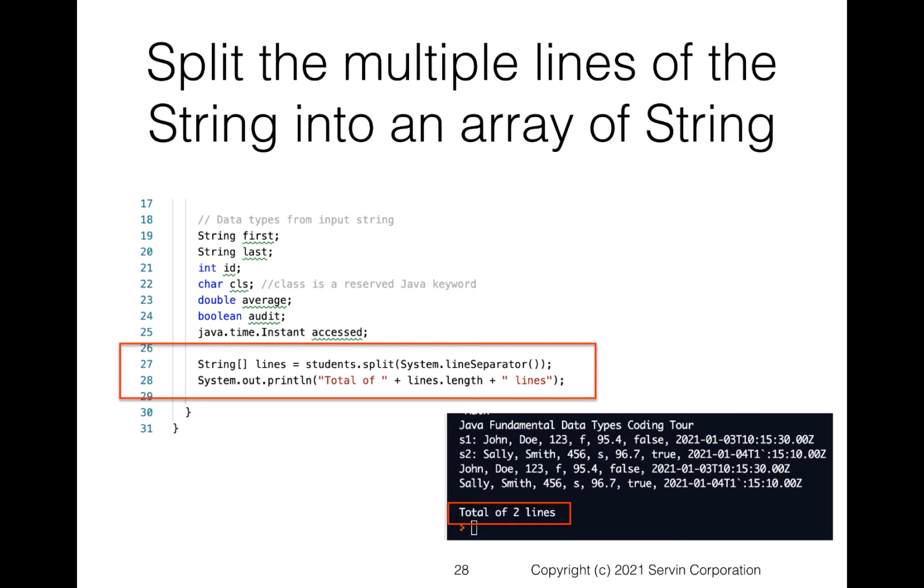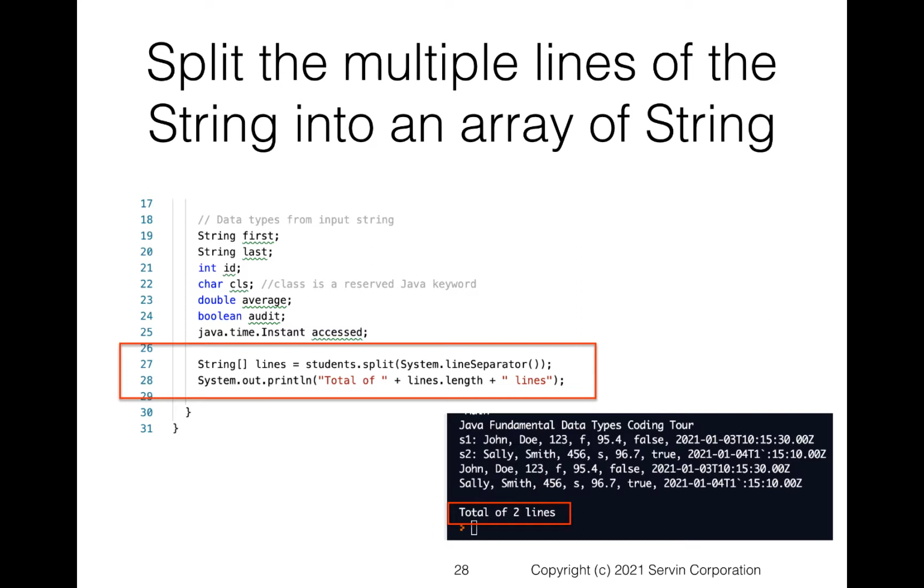However it comes to us, we want to take that, and at line 27, notice since students is a string, it has a method called split. And so we split that string based on the system.line separator. So when the string comes in, we separate it based on the line separator, and that will give us basically an array. Notice we have a string array of lines.